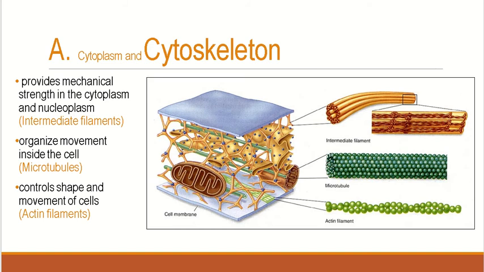What is also notable here is that our organelles, such as the mitochondrion here, do not float, but are anchored to a specific area and are transported from one area of the cell to another with the help of another type of cytoskeleton, and that would be your microtubules.